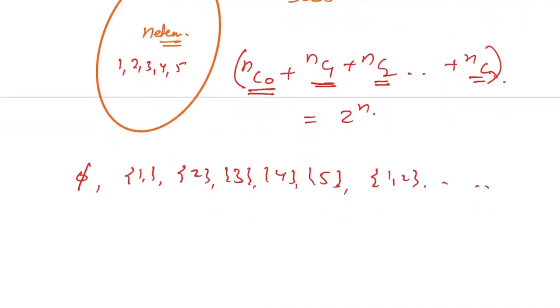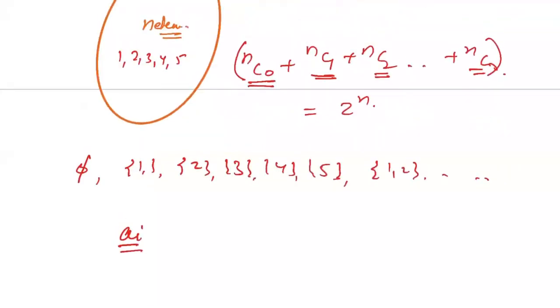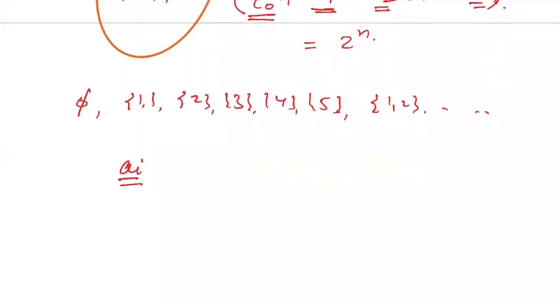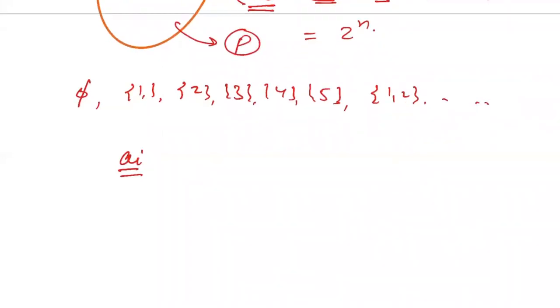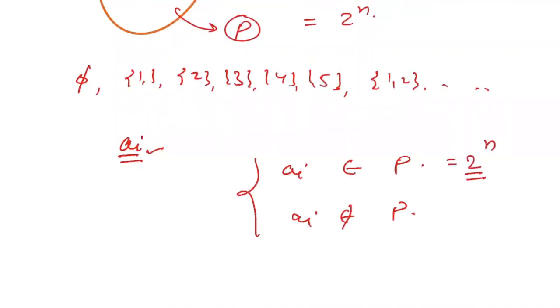Or we can see that for any element Ai, if we are making a subset P, Ai will either go to P or not go to P. For any element, we have two options. N elements are there, so the total number of options will be 2 to the power n. The simplest way to crack this.